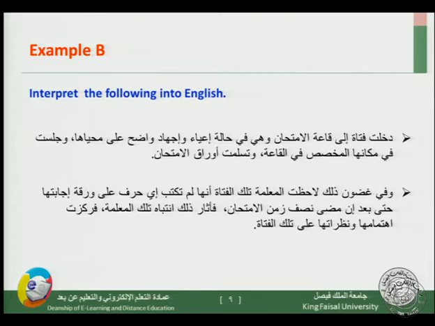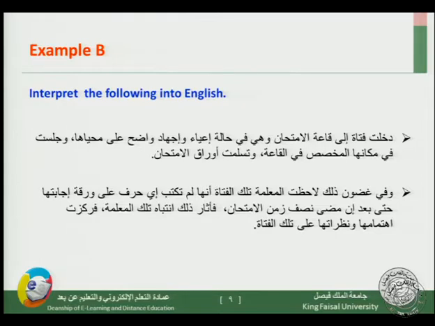A girl or a student entered the exam hall. She was very tired, and this appeared on her face. She sat in her designated seat in the exam hall, and then she received the exam papers. If I do it for the third time, it would be much better. Why? Because the more you translate it, the better your translation would be.